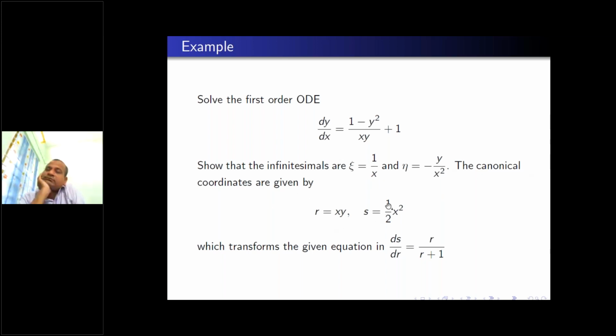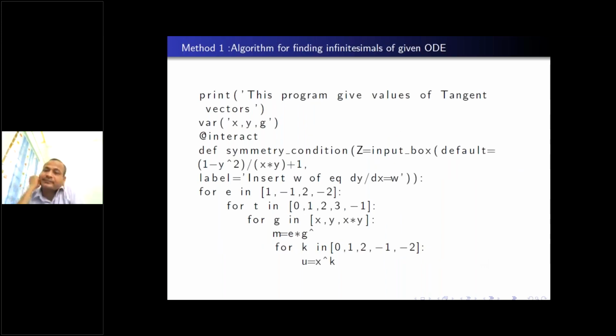The canonical coordinates are r is equal to xy and s is equal to 1 upon 2x squared, which transform the given equation into ds/dr = r upon (r plus 1). As you can see, this was the original equation, and using the canonical coordinates, it is transformed into variable separable form.